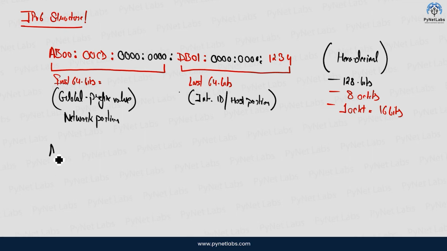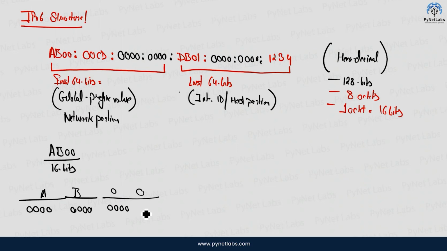Like when I say AB00, this AB00 in total consists of 16 bits. And how 16? A is going to have 4 bits, 1, 2, 3, 4. B is going to have 1, 2, 3, 4, and then the 0, 0 are there. These zeros will again have 1, 2, 3, 4, 1, 2, 3, 4. So this is how we are going to say.